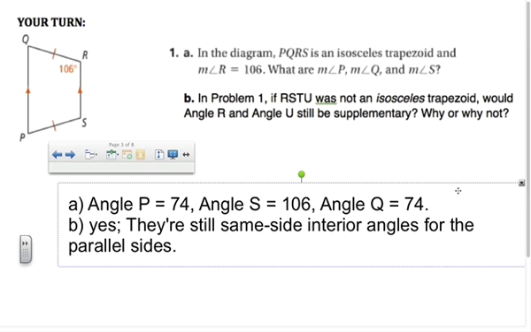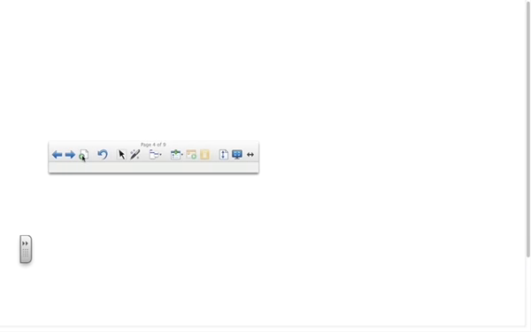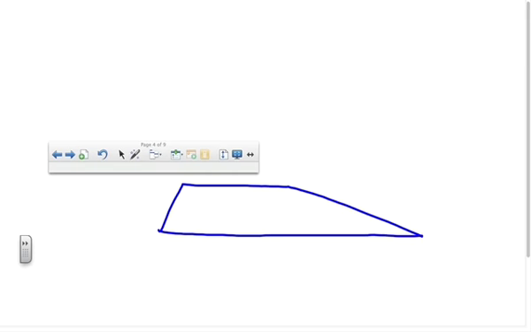Part B. All right, so remember the point that I made to Helena, that even if the trapezoid isn't isosceles, let me get a blank screen. Even if I'm looking at, as I said earlier, Mr. Joe Schmo trapezoid, these lines are still going to be parallel.